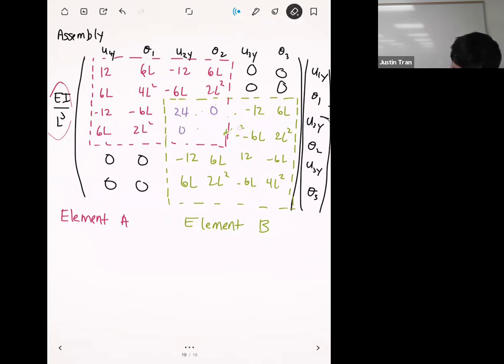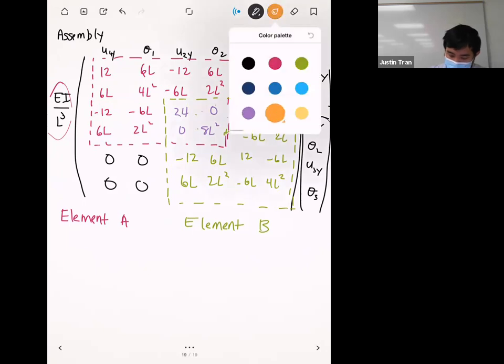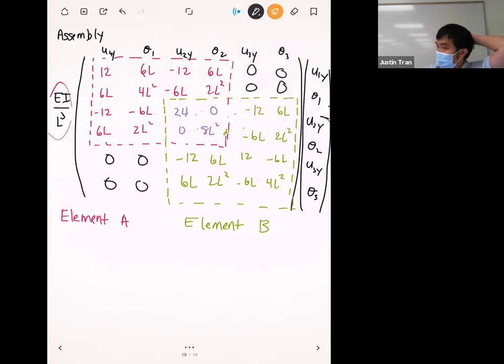And on the bottom right, we have 4L squared plus 4L squared, which is 8L squared. Okay. And so there is our global system.